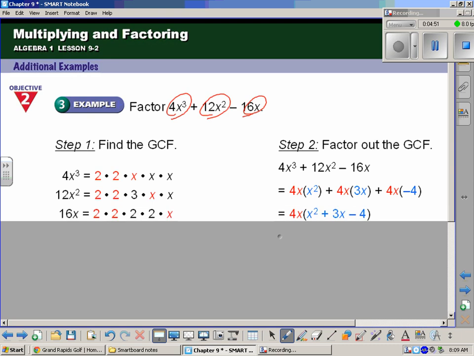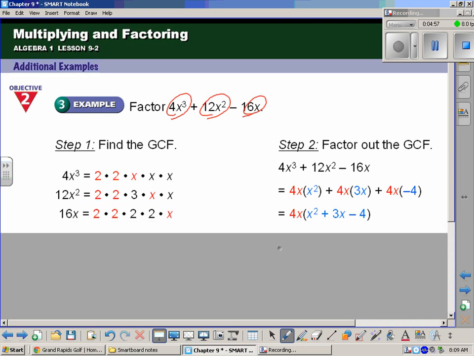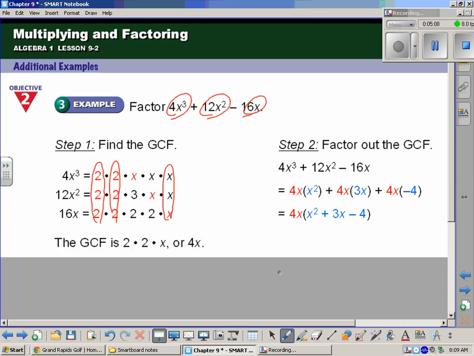And 16x is going to be 2 times 2 times 2 times 2 times x. So we circle everything that's the same. We have a group of 2, a group of 2, and a group of x. Easy enough, so our greatest common factor is going to be 4x.